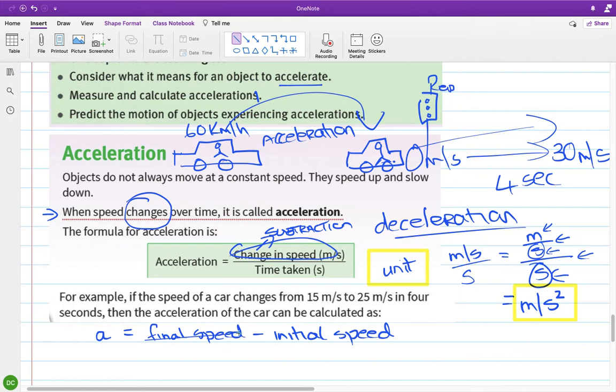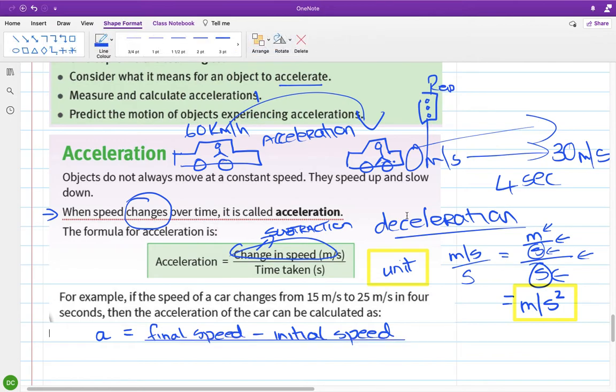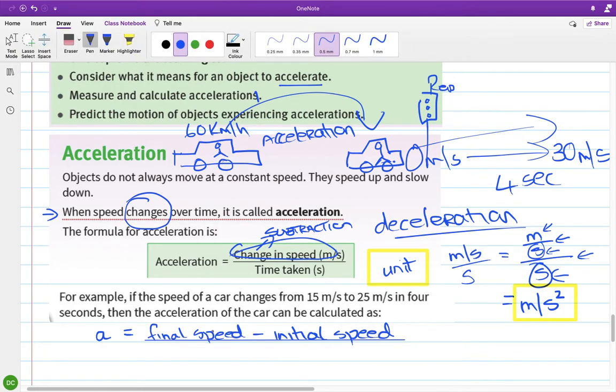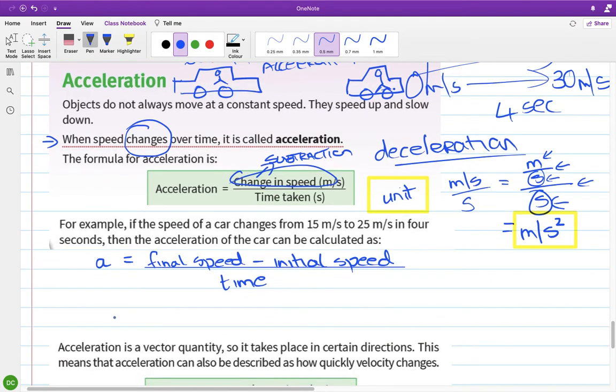We do the final speed minus the initial speed, and then on the bottom line, we have time. It started at 15 and ended up at 25. So 25 is the final speed, minus the initial speed, 15, over how long did it take? In 4 seconds.